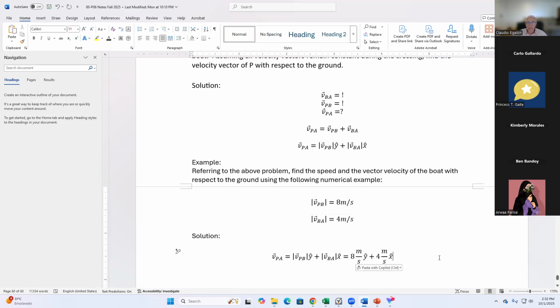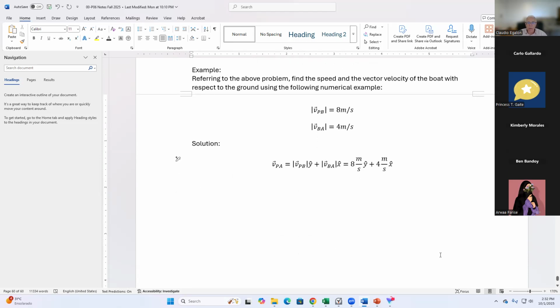Now, if I want to get the speed, all I have to do is get the magnitude. Let me use this one here, so I don't need to use the straight bracket. Here is going to be VP of A, right?